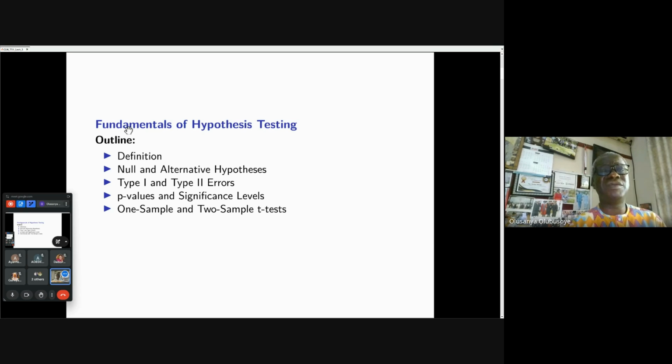So for today's class, focus will be on hypothesis testing. We are going to understand what hypothesis testing means, and we are going to look at the two types of hypotheses that are used for arriving at a decision.